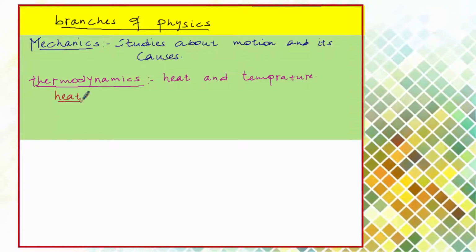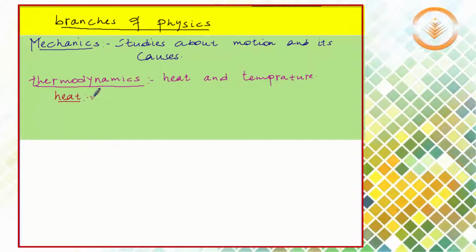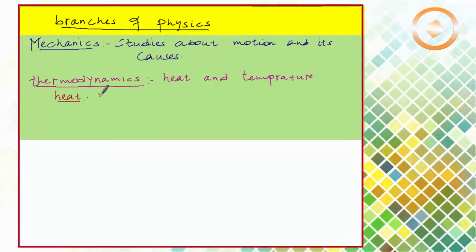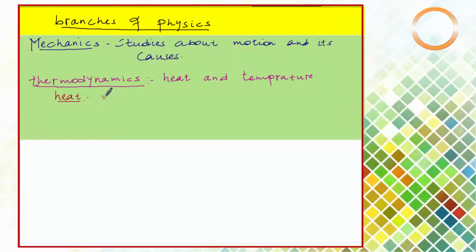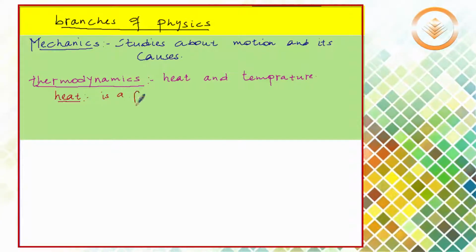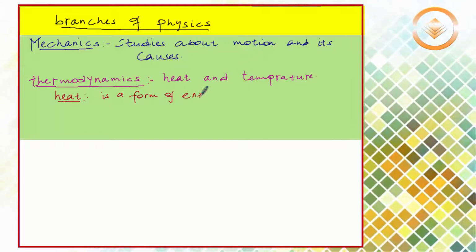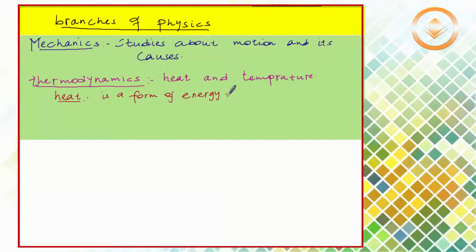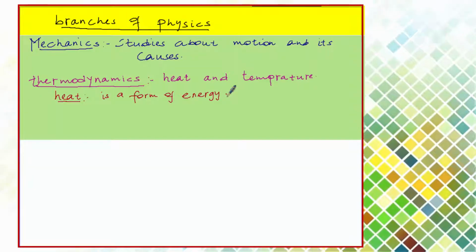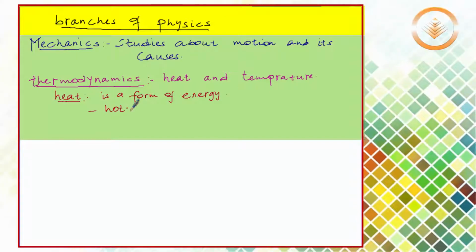When you say heat, we mean the amount of energy that transfers from a hot object to a cold object, or it is a form of energy. Don't forget that heat is the energy that transfers from a hot to a cold object.